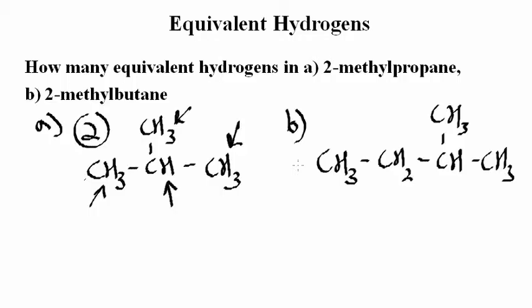Now 2-methylbutane, on the other hand, contains 4 sets of equivalent hydrogens. Again, there's one tertiary hydrogen, a set of 2 equivalent secondary hydrogens, a set of 3 equivalent primary hydrogens, and then a set of 6 equivalent primary hydrogens. So an NMR spectrum of this molecule would have 4 peaks.